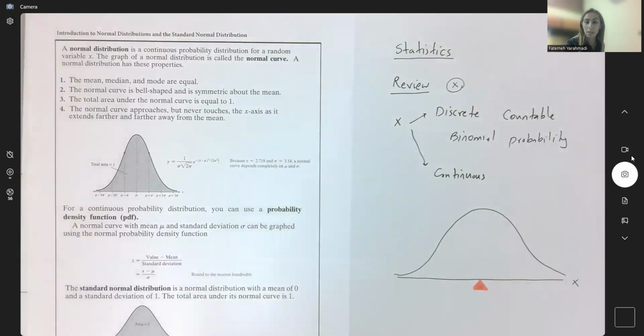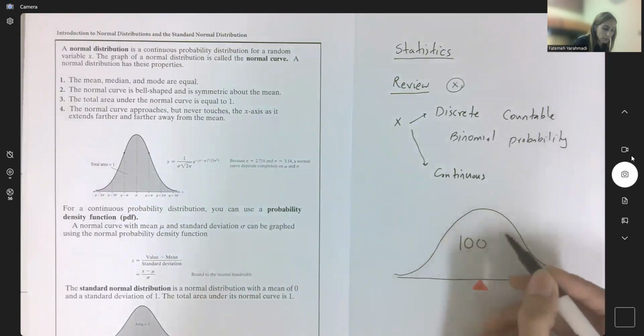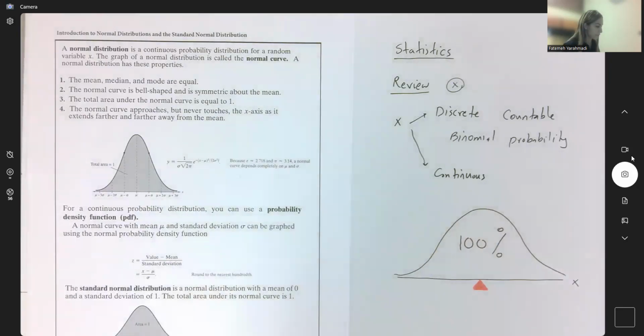But remember that when we talked about a binomial distribution, we had probabilities in percentage or in decimal form. So we say that, hey, the total area below the curve is 100%. Where does this 1 come from? You have 100%, going back to algebra, everybody.